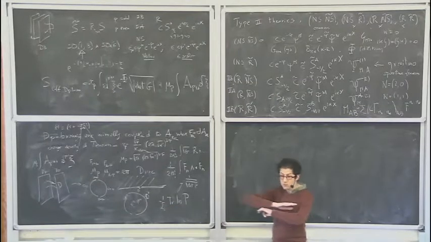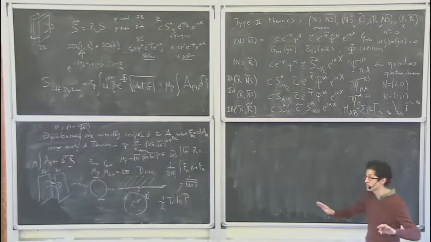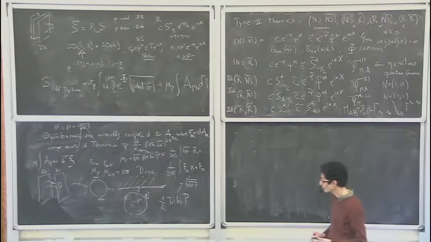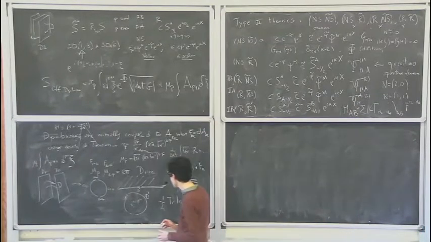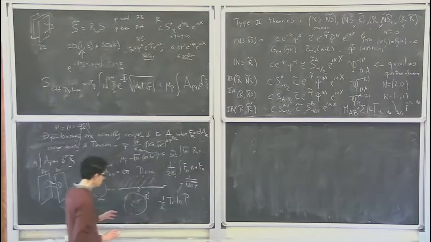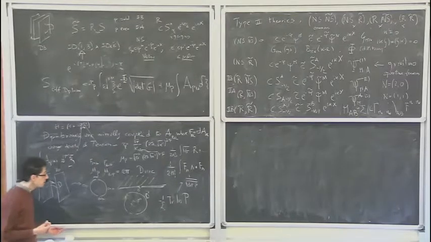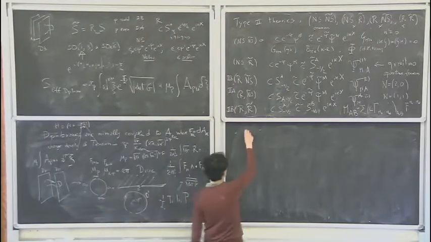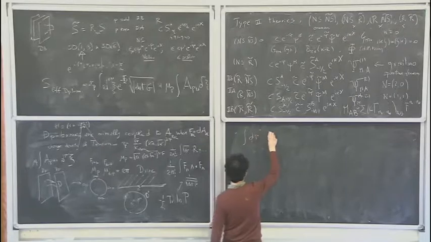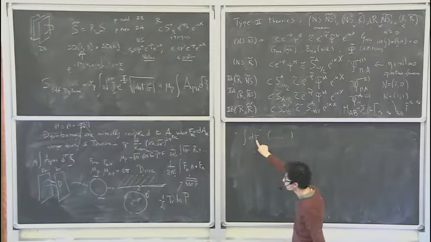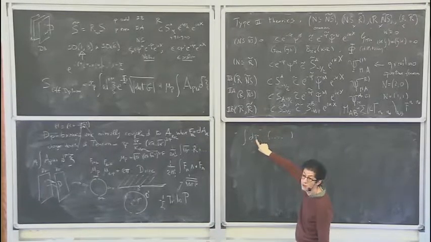So you sum over all the possible states in your Hilbert space, and you get a result expressed in terms of an integral over tau. I want to explain to you what this integration parameter is.